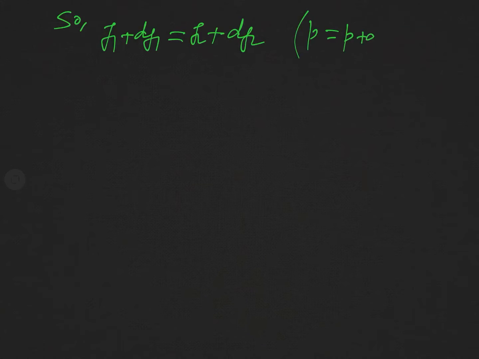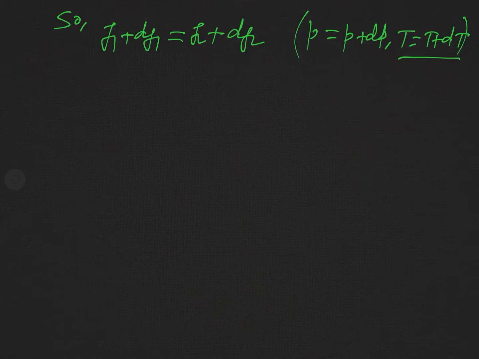So we may write G1 plus dG1 equal to G2 plus dG2, and this will happen when P is now P plus dP and T is T plus dt.